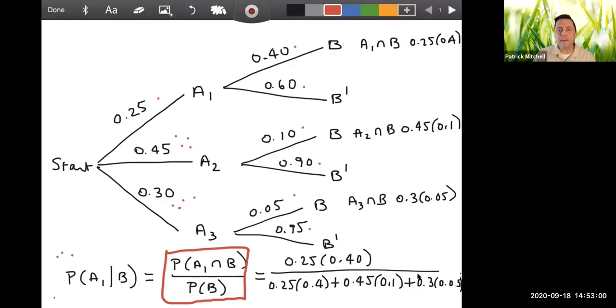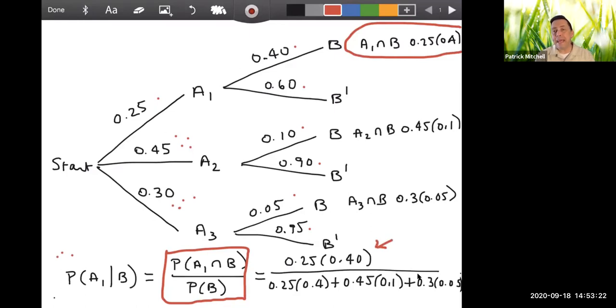So the probability of A1 intersect B, that is this event up here, right? The probability that they have a credit score less than 600 and their payment is late. So that's 0.25 times 0.4. So that's going to go right here.